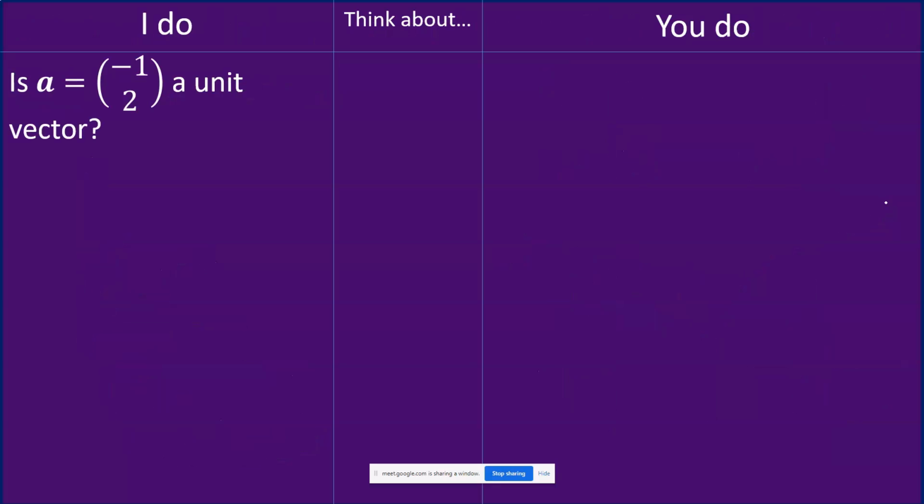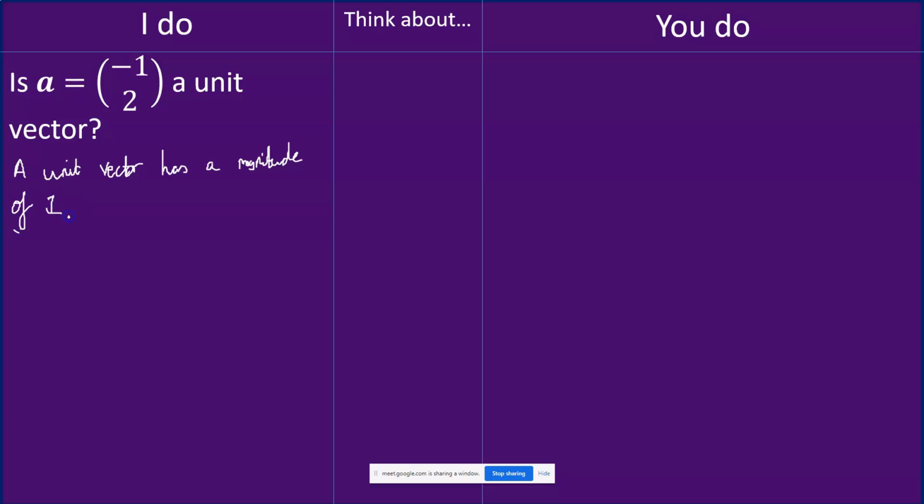Next thing I want to do is look at unit vectors, because I've had an email about unit vectors. So first of all, let's define a unit vector. A unit vector has a magnitude of 1.